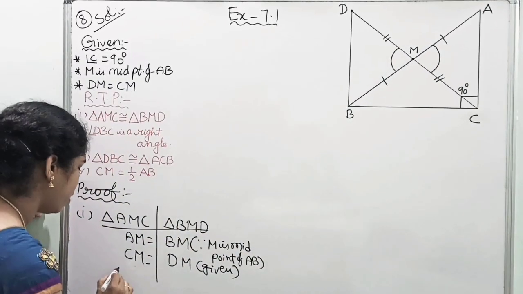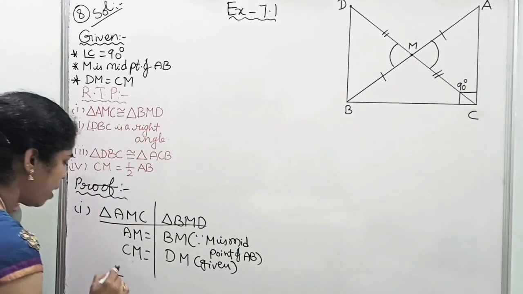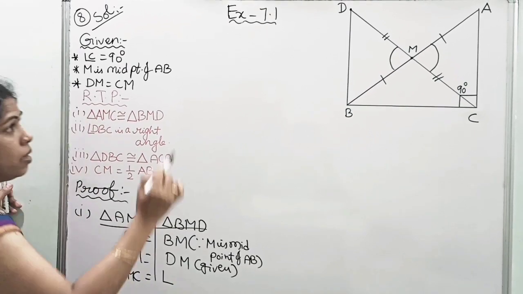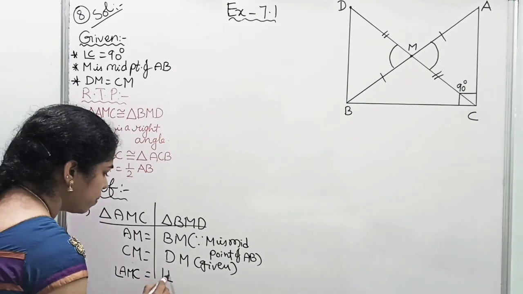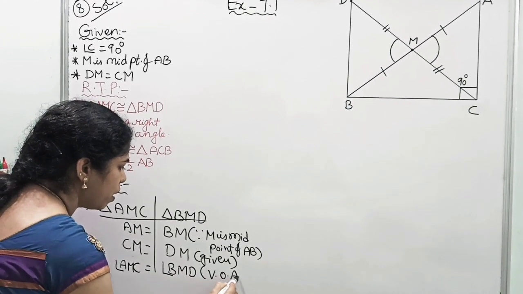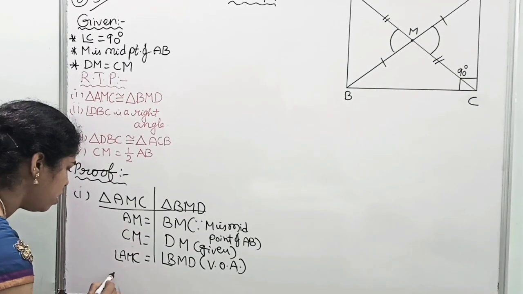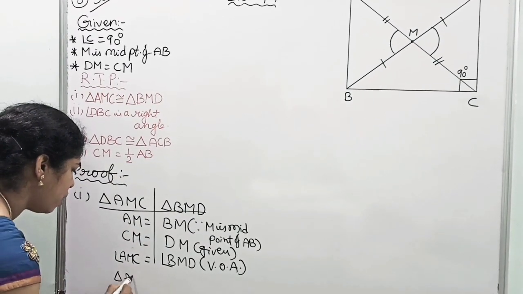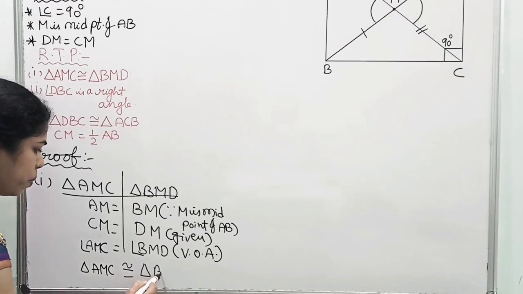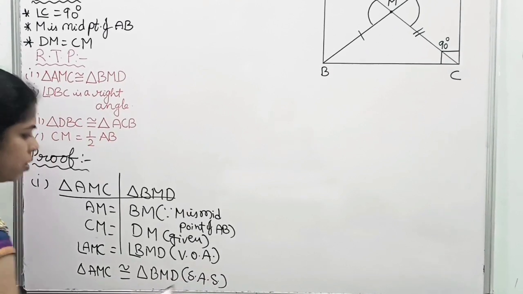So angle AMC is equal to angle BMD, vertically opposite angles. So by SAS congruency, we can say that triangle AMC is congruent to triangle BMD by SAS congruency.